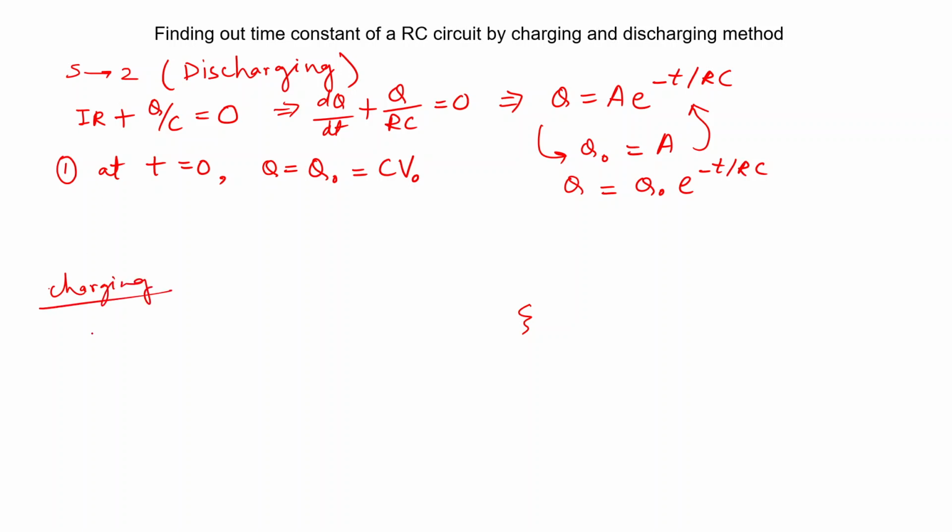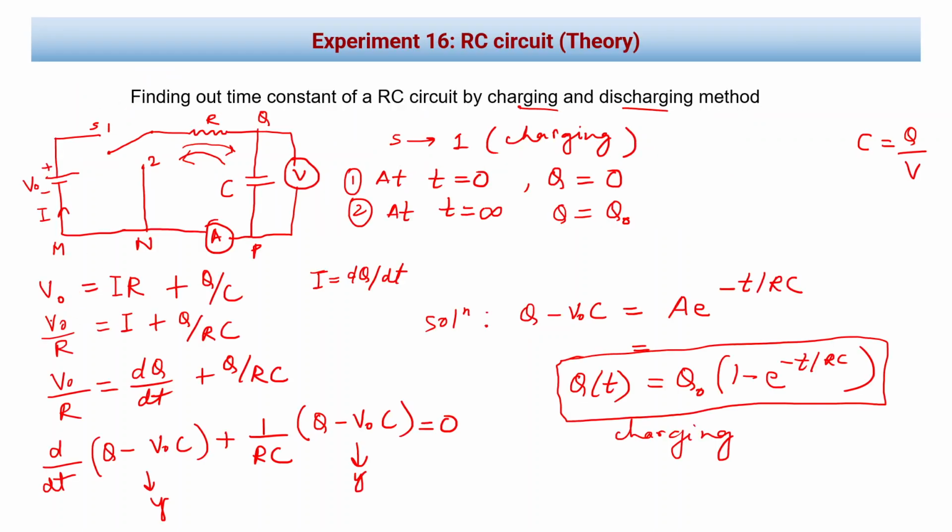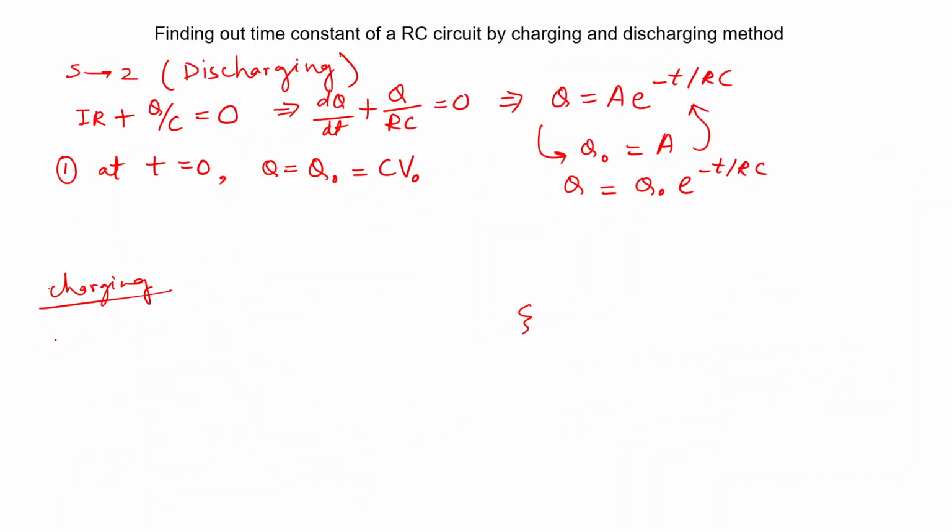From this expression, we divide everything by C, then Q by C is V, the voltage drop. So the voltage at any time t on the capacitor will be given by this expression.